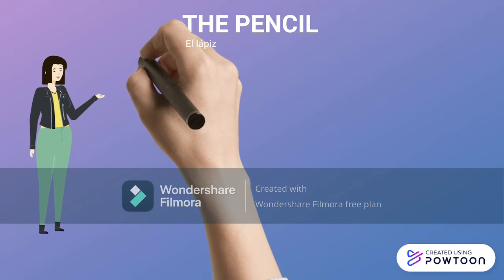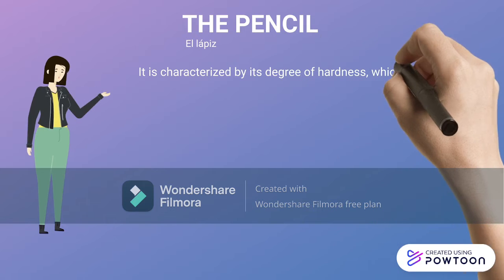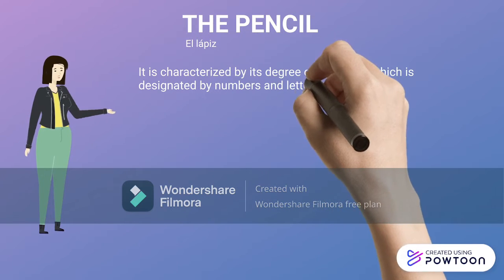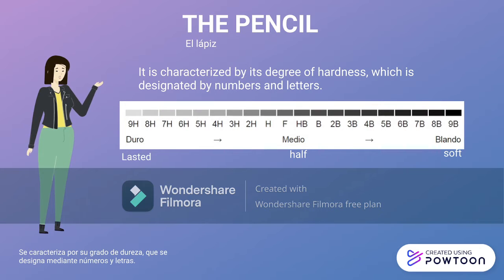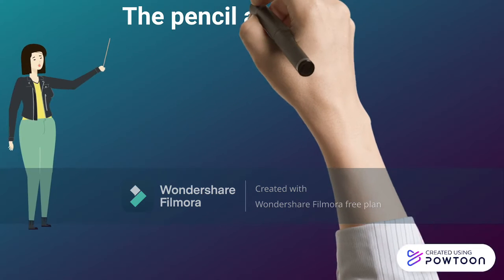The pencil. It is characterized by its degree of hardness, which is designated by numbers and letters. For example, hard, half, soft.